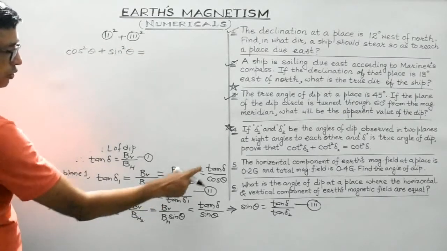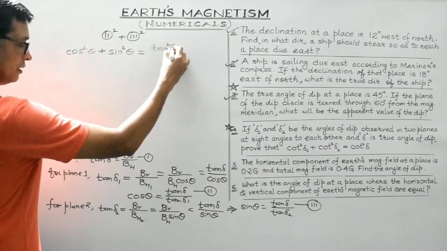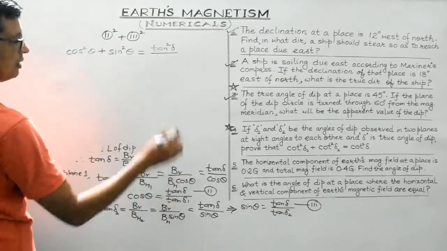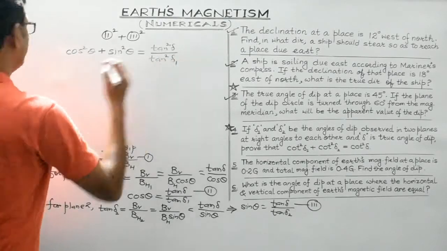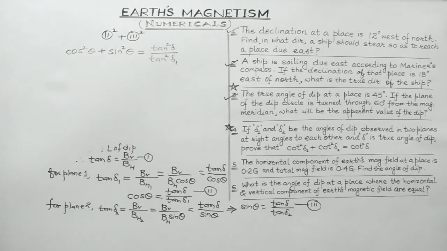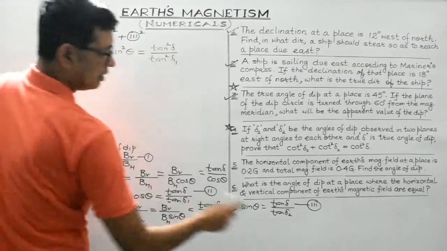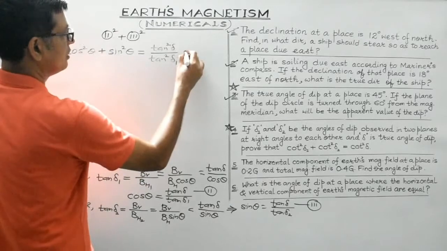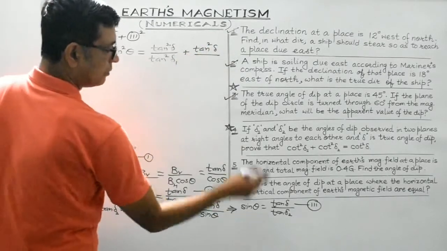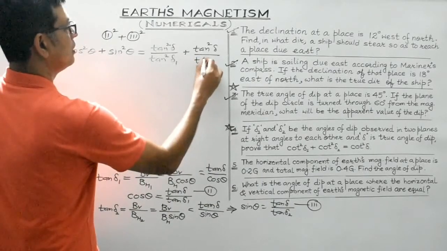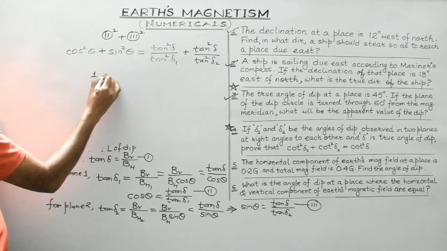It will be equal to tan square δ divided by tan square δ1, right? Now similarly, on squaring this, what we get is plus tan square δ divided by tan square δ2. Obviously, cos square theta plus sin square theta is 1.